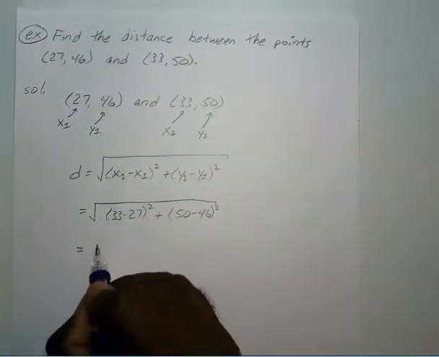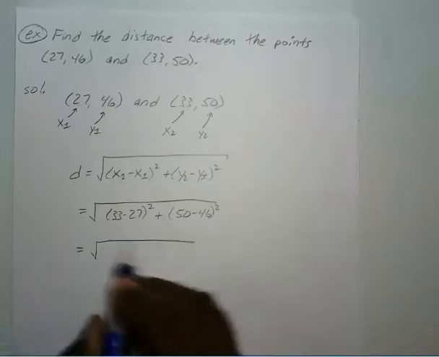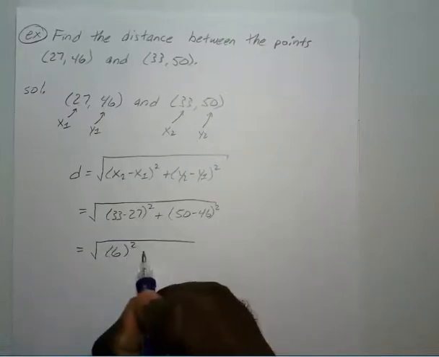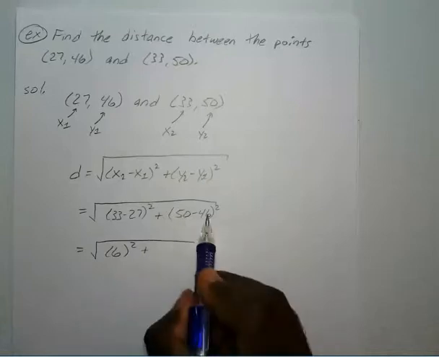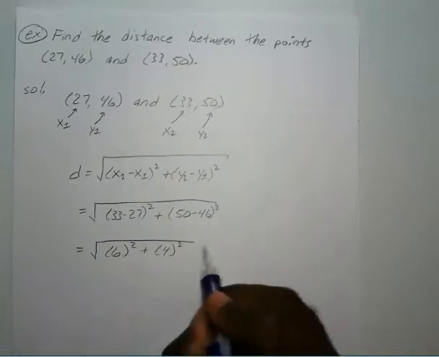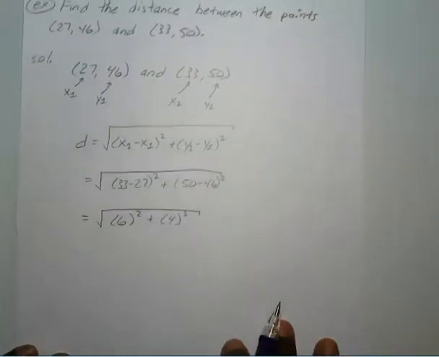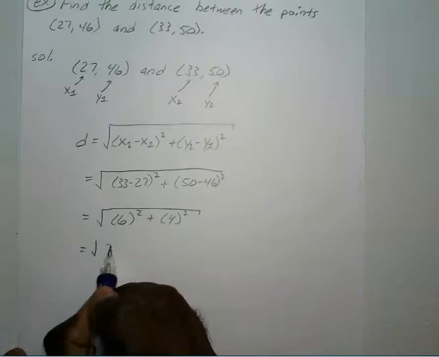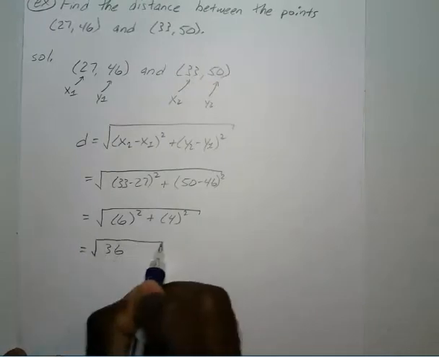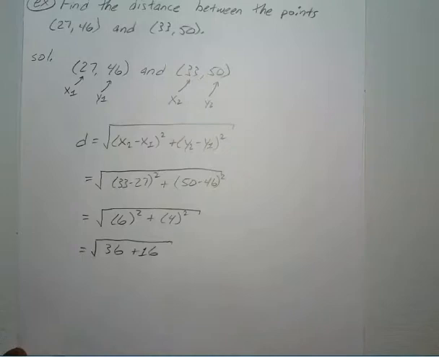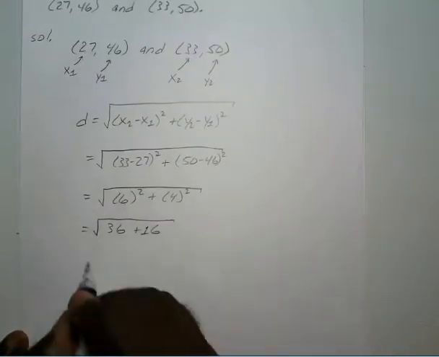So we end up with 33 minus 27 is 6, so we have 6 squared, plus 50 minus 46 is 4, so that's 4 squared. 6 squared is 36, plus 4 squared is 16, so that gives us the square root of 52.